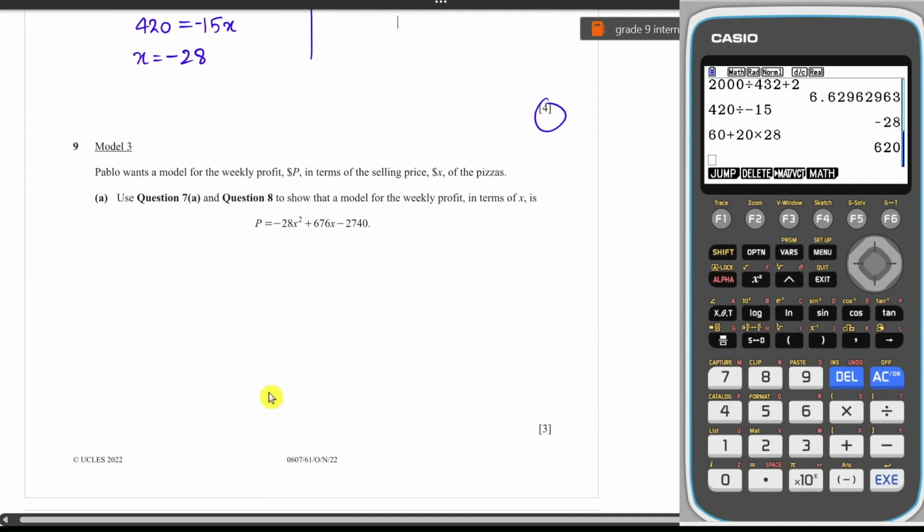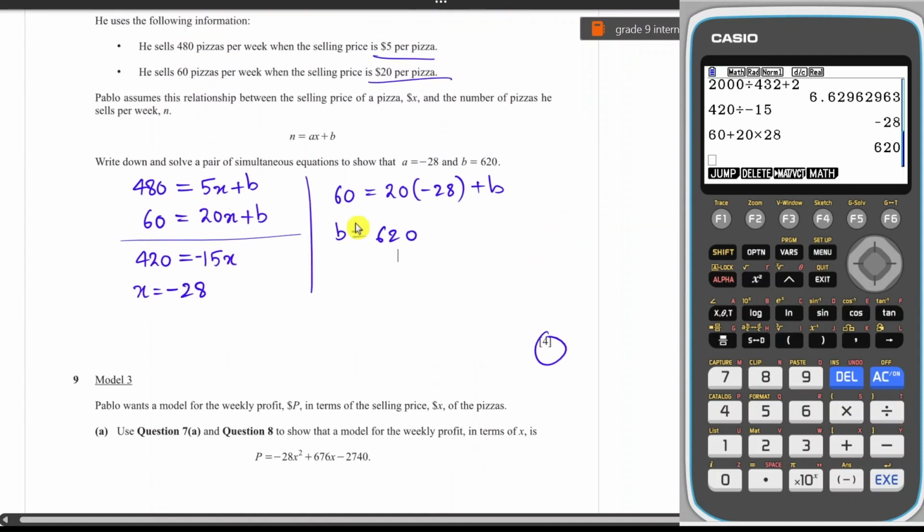Now model 3. Pablo wants a model for the weekly profit P in terms of the selling price x of the pizzas. Use question 7a and 8 to show that a model for the weekly profit in terms of x is minus 28x square plus 676. Okay, so let's see this.